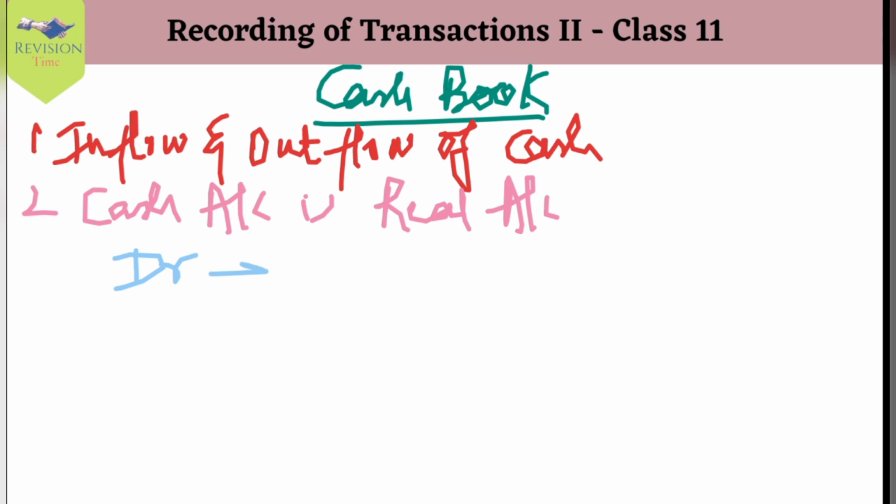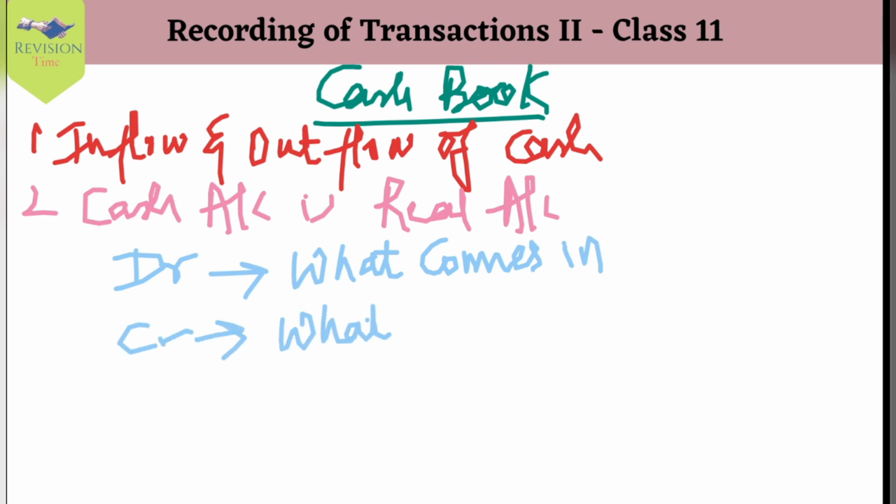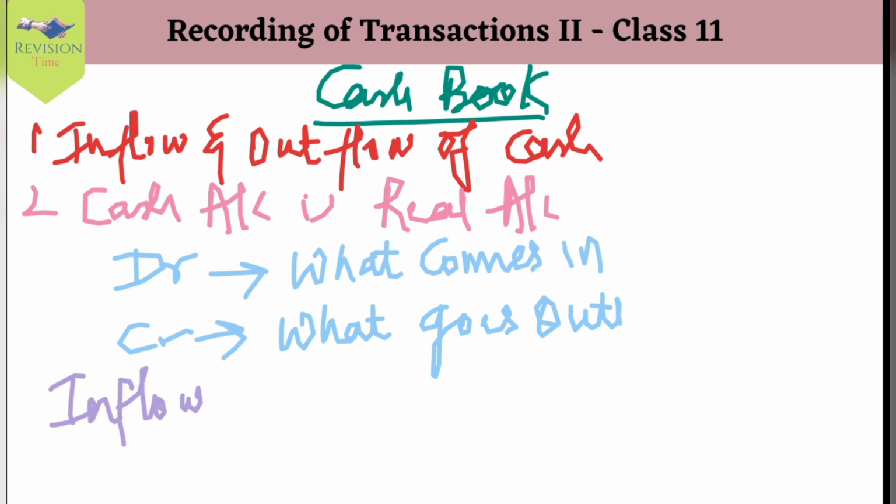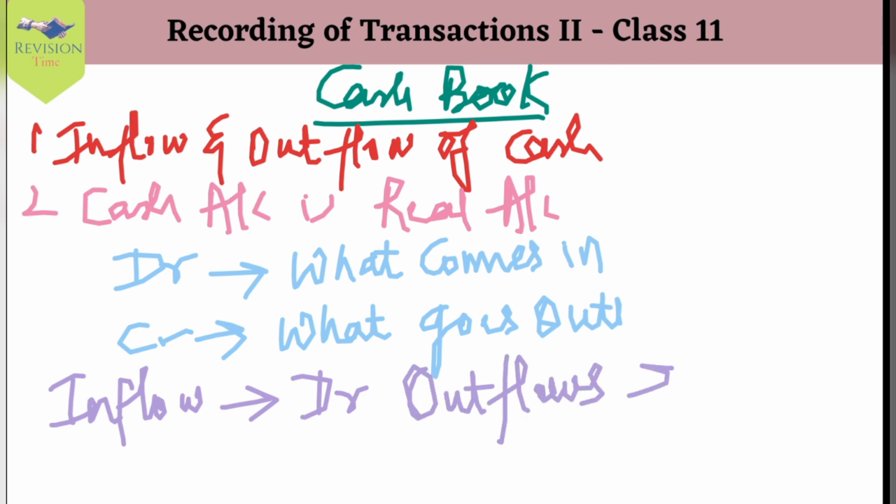Debit what comes in and credit what goes out. With this rule, inflows of cash are debited and outflows are credited, because debit what comes in and credit what goes out.